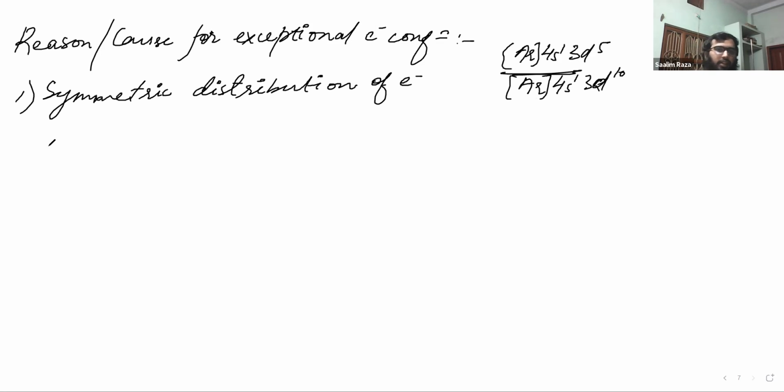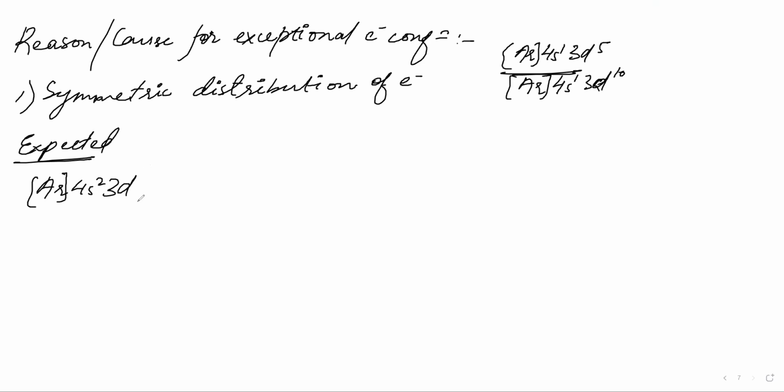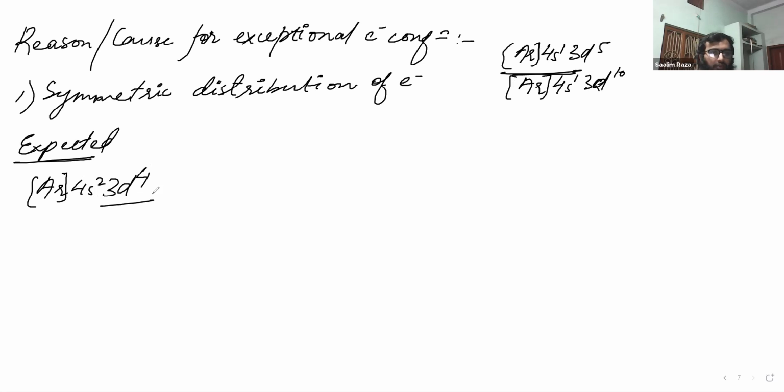When the expected was seen, expected is Ar 4s2 3d4. In this we have 3d4 as unsymmetrically filled.